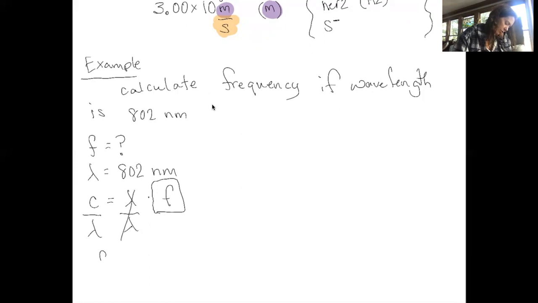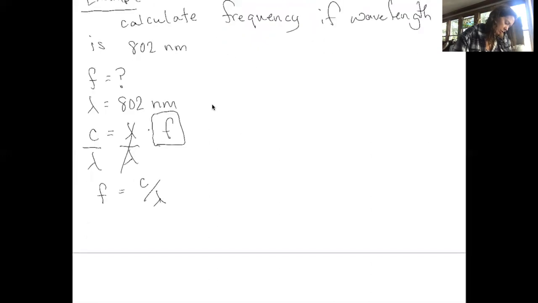And I'm left with frequency equals speed over wavelength. Okay. I know the speed. Remember that the speed is 3.00 times 10 to the 8th meters per second. And the wavelength right here is given to me as 802 nanometers, right?